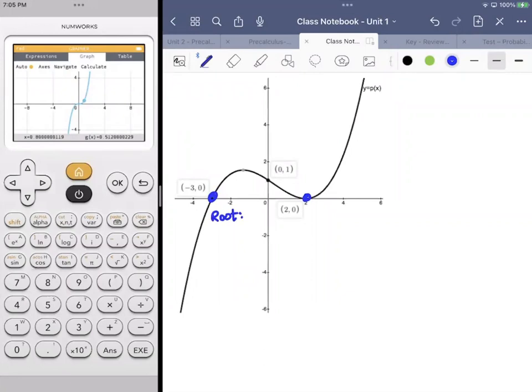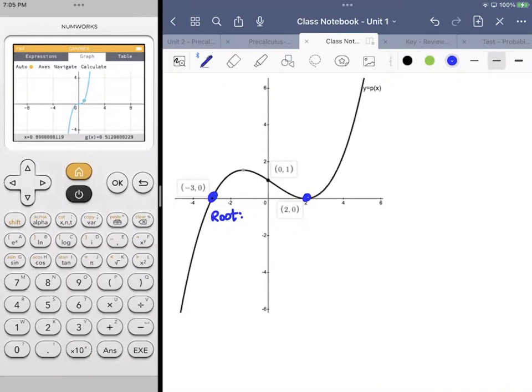Anybody who talks math interchanges between root, zero, and x-intercept. It's not the kind of thing I'm ever going to test you on, but we all speak that way. What are the roots? What are the zeros? What are the x-intercepts? And by the way, that also means x-intercepts also means zeros. At some point, that's something you're just going to want to know if you don't already.